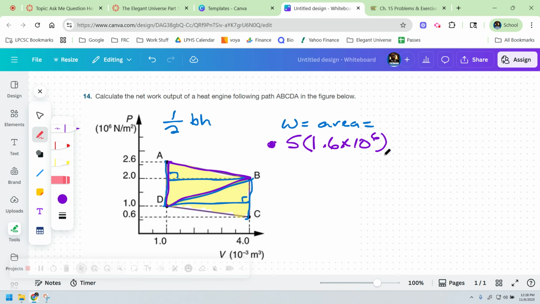So that's the base. And then my height would just be from here to here.